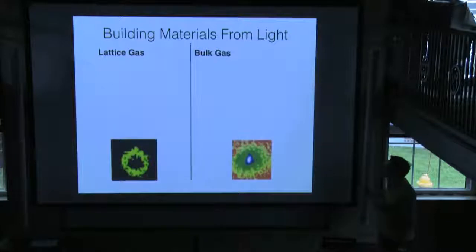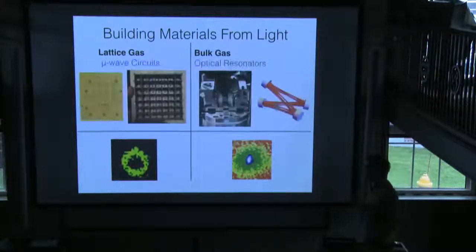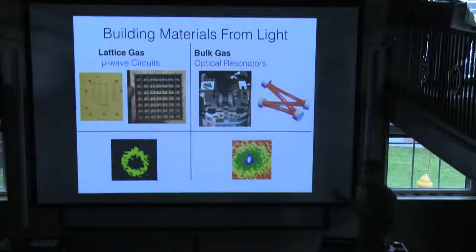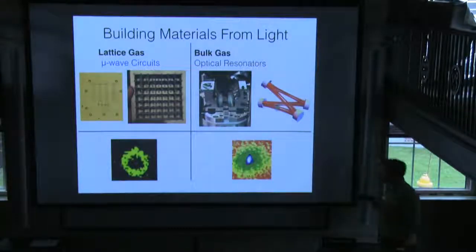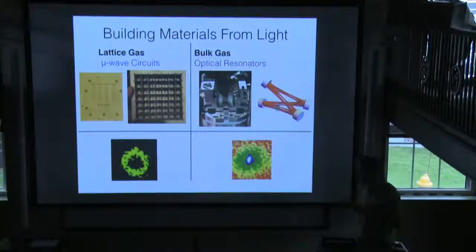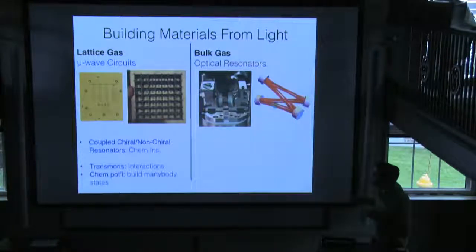Okay, so when you build materials from cold atoms, you can either think of lattice physics or bulk physics. So Dave has told you about our collaborative effort using basically his tools to explore this physics in lattices, right? We make these transmon qubit arrays to engineer the interactions, and then we make these 3D microwave cavity arrays to engineer synthetic magnetic fields.